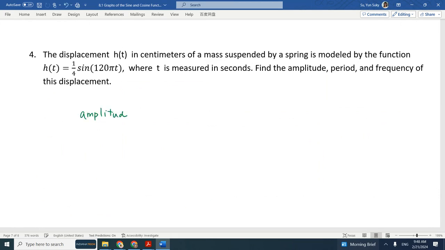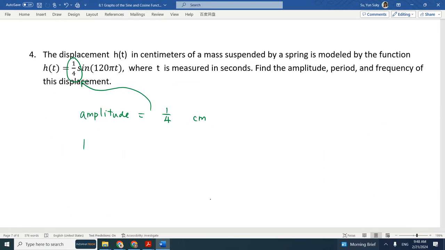Yes, amplitude is whatever is multiplied in front of the sine. So A, no matter sine or cosine, the A here multiplied by the sine or cosine, that's the amplitude. So amplitude is 1/4 centimeter, because the h is in centimeters, the units.